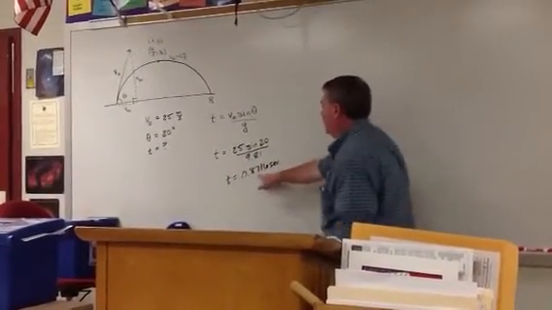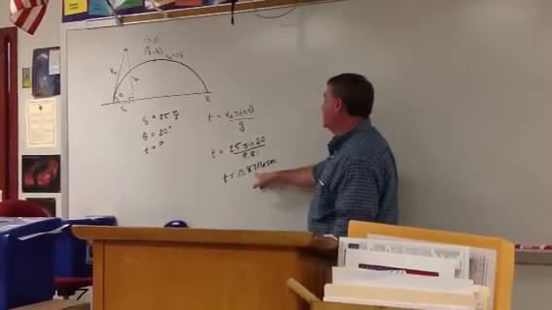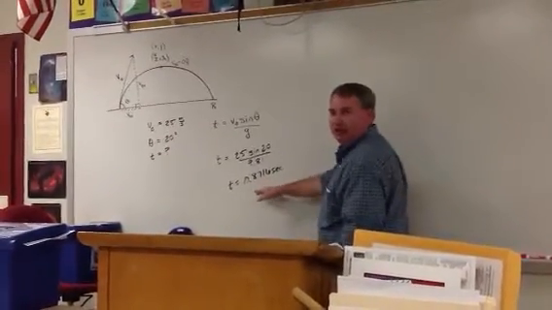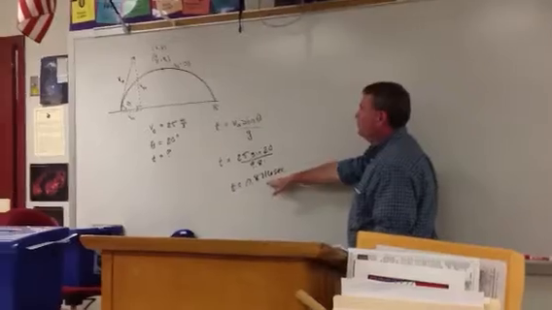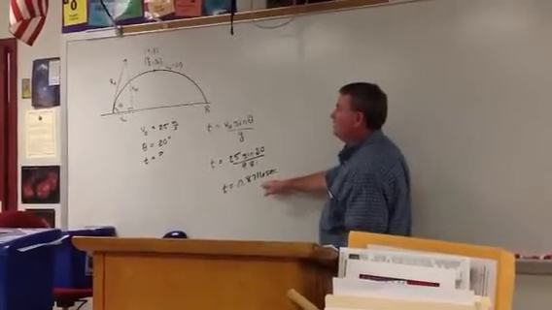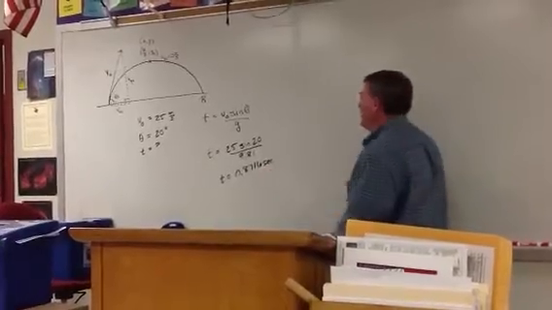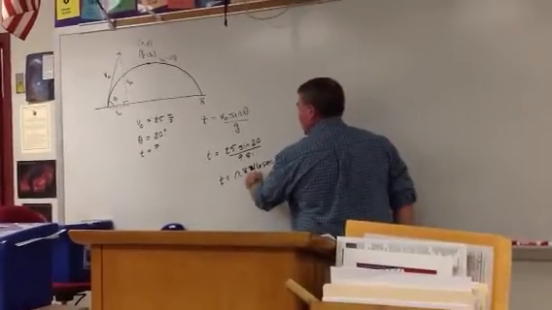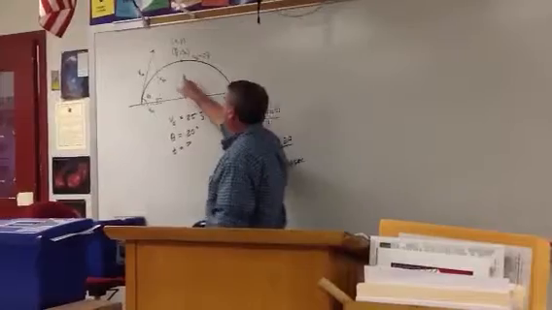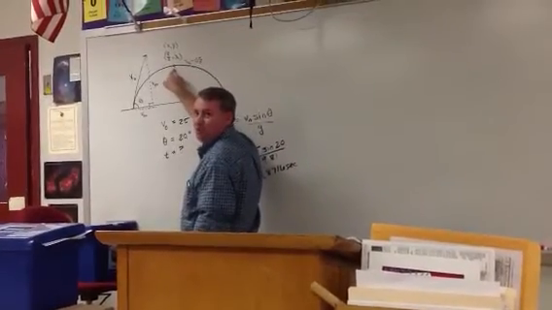Normally I would just round that off to 0.87 seconds, and even sometimes 0.9 seconds, and I wouldn't care. But for this problem, I'm going to keep it out to 4 decimal places for a specific reason. You're going to understand that reason as we go along. That's the time of 0.8716 seconds, how much time it's going to take to get to this point.